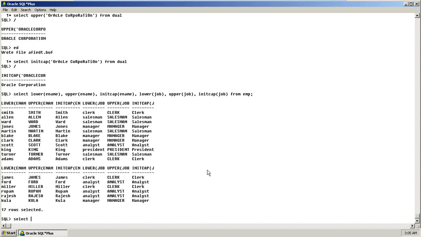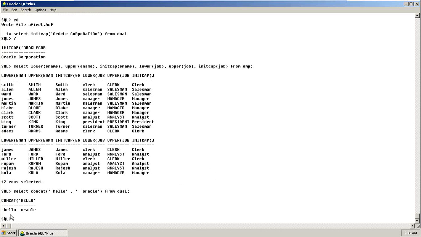See, select concat is the function. Here the first string value is hello, and another string value I want to concatenate is Oracle from dual. See, it is just concatenating two string values.